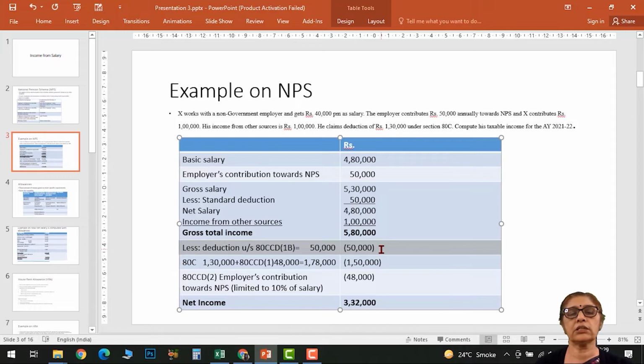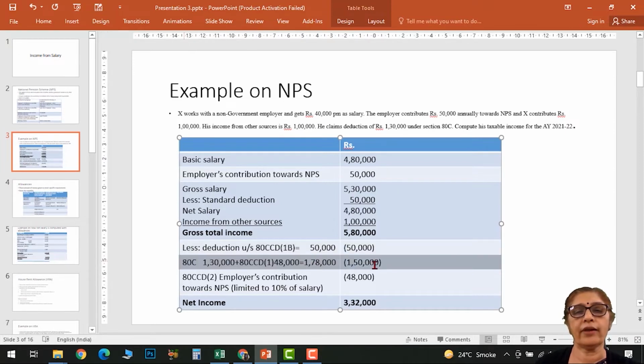The maximum deduction under CCD1B is 50,000, so we can very easily claim 1B 50,000 because he has contributed 1 lakh. Had he contributed only 40, then CCD1B would have been 40 and nothing would have been added to 80C. But since it's more than 50, the maximum CCD1B is 50. Additionally, the remaining 50 can be clubbed with 80C up to 1,50,000.